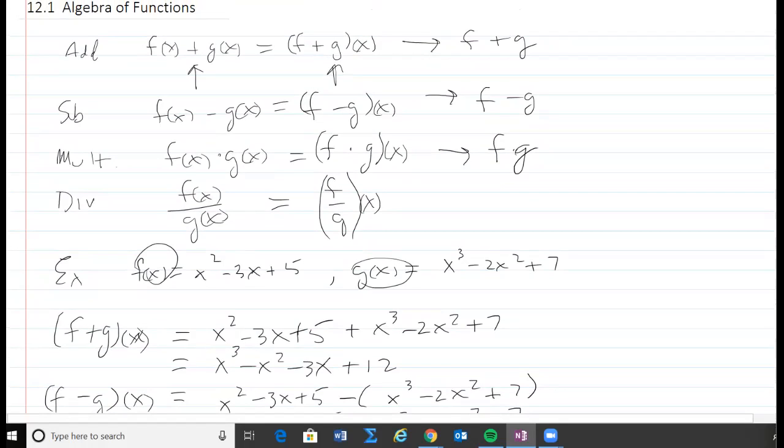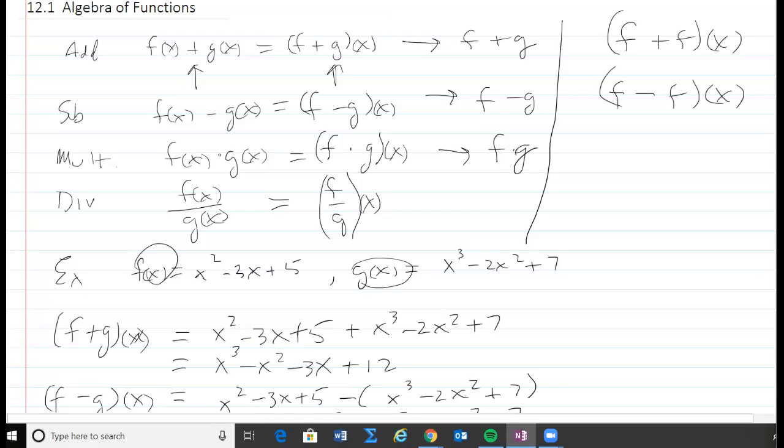And the examples that I worked with, I was using two different functions, but you can also form f plus f like that. I mean, you don't have to have a new function. Now, of course, if you took f minus f, that will be a 0, okay? Because you subtract something from itself and there's nothing left. But it is a function. It would be a new function, and it'd be a 0.